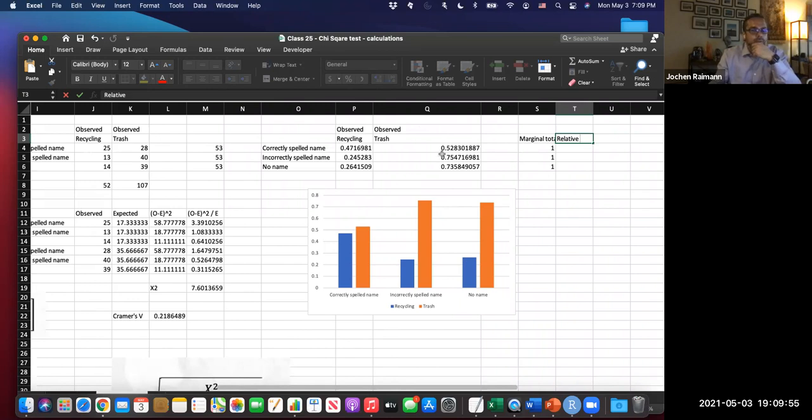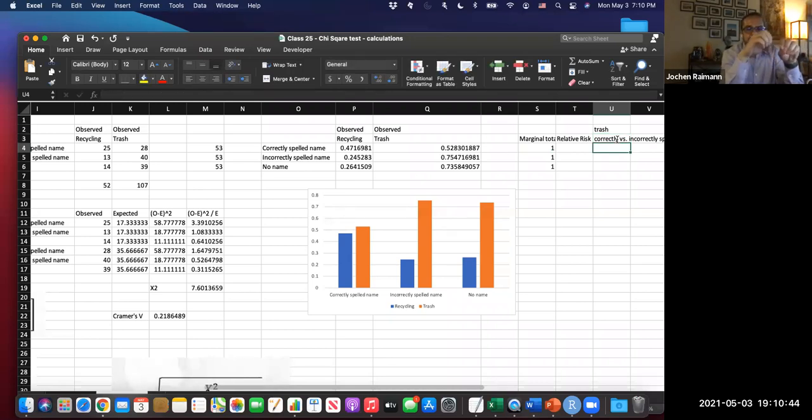So if you wanted to calculate the relative risk of somebody trashing his cup when having an incorrectly spelled name as compared to a correctly spelled name, you can do this by taking the proportion of trashing with a correctly versus incorrectly spelled name.